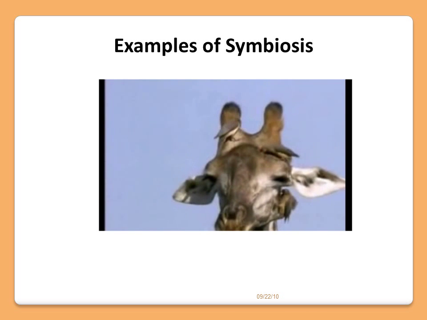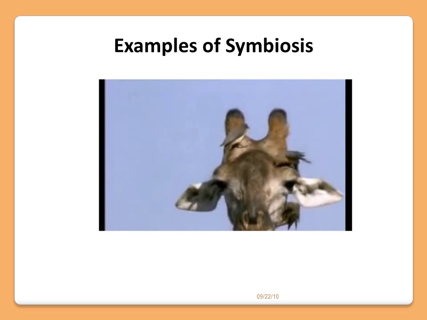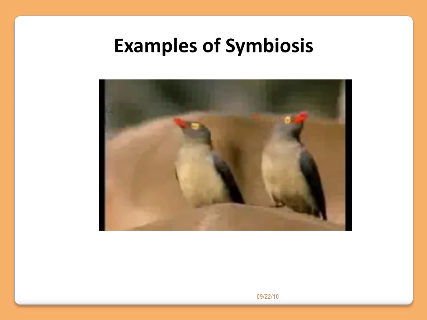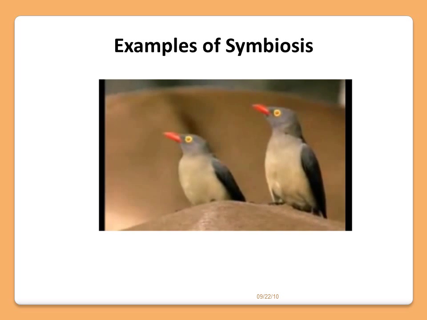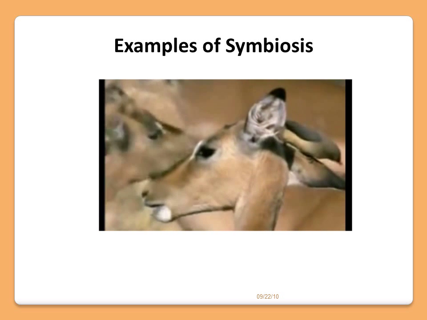Oxpeckers spend all their lives on or closely beside their animal hosts. They court and mate on their backs, and when they fly off to make a nest, as they must necessarily do, they pluck hair from their hosts' backs with which to line it. But do they do anything in return?